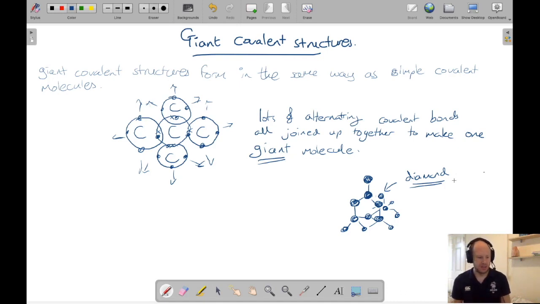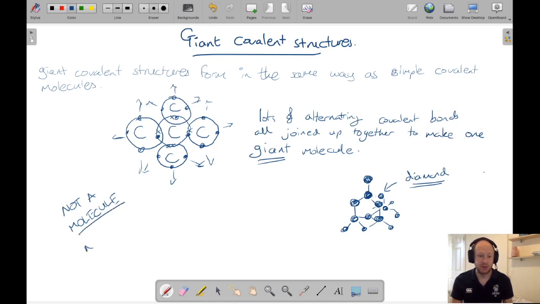Okay. So this is how they're stuck together. There are no intermolecular forces here. The only thing holding the atoms together are those really, really strong covalent bonds. No intermolecular forces. This is not a molecule. I know I said it makes one giant molecule here, but remember, if it's just one huge molecule, we don't call that a molecule anymore. We call it a lattice.